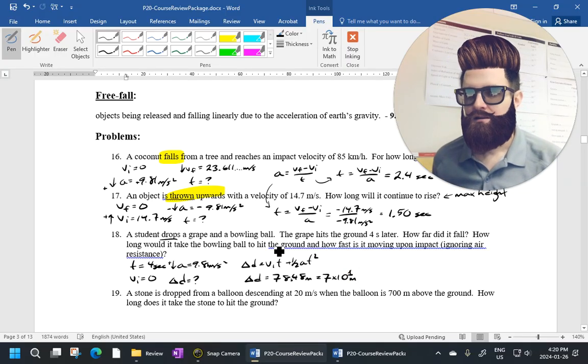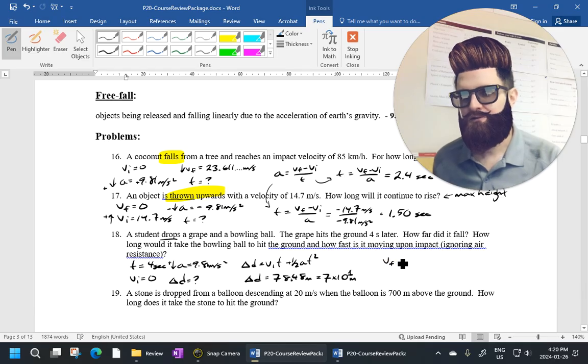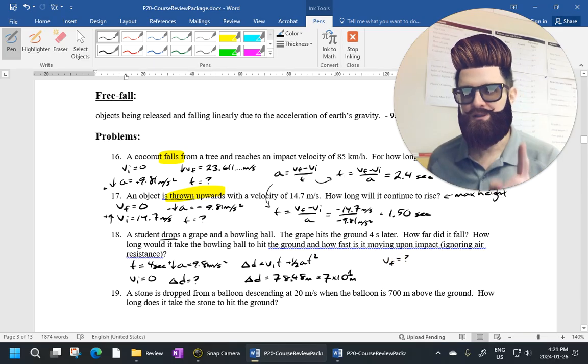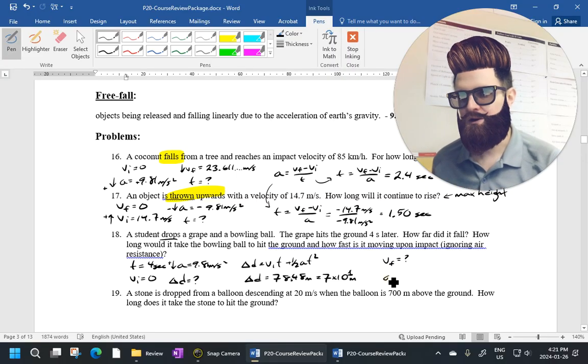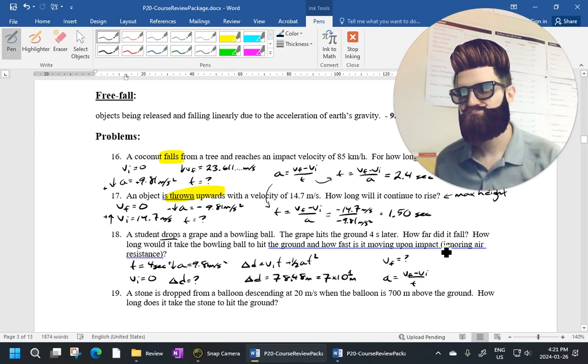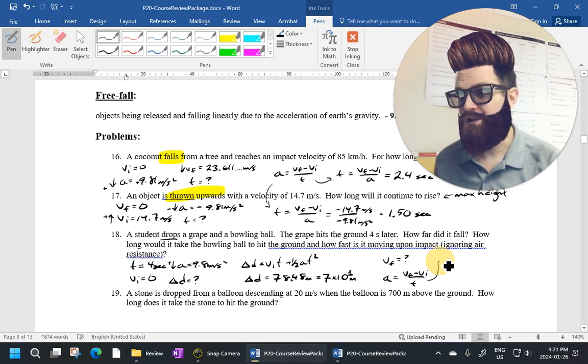Now, how fast was it moving? So vf, what was that? So what formula would I use? Not using d, right? So I'm going to go back to my original a equation here, and trying to solve for vf. What's nice about vi is it's 0, but I'm going to rearrange it as if I didn't know that, right?